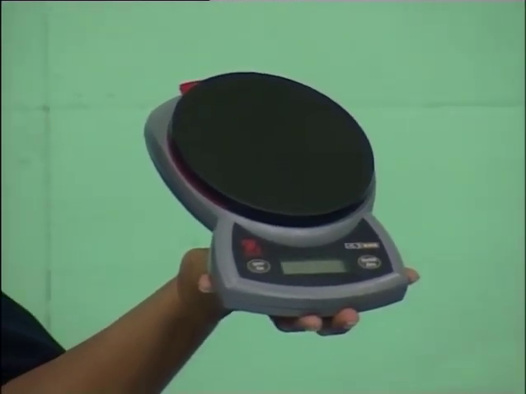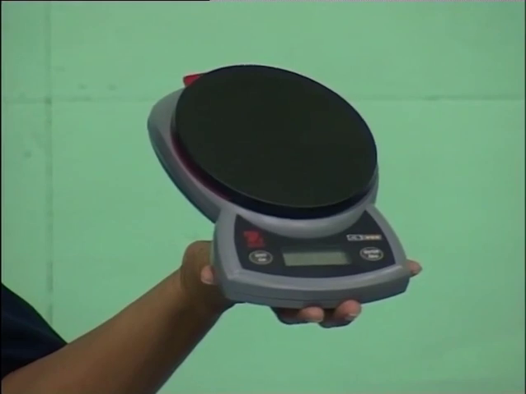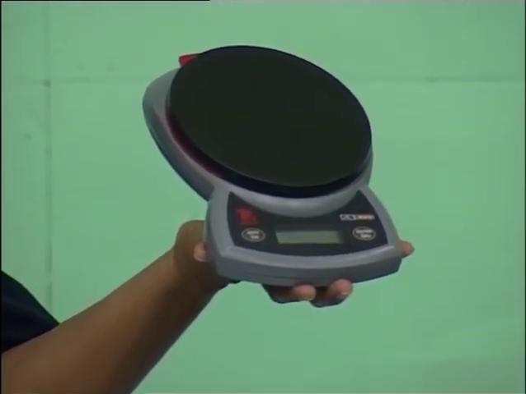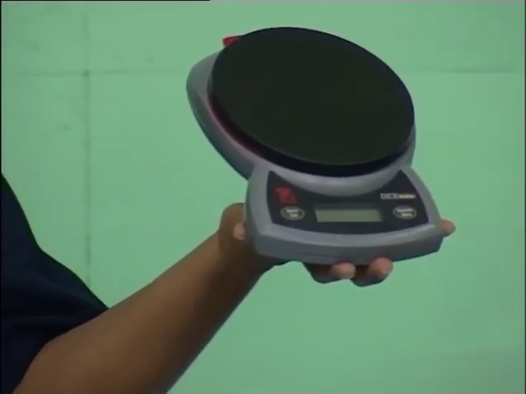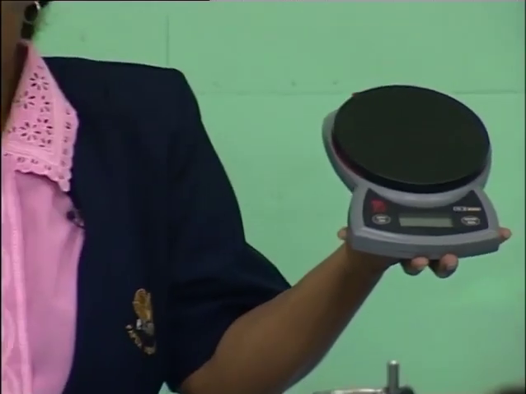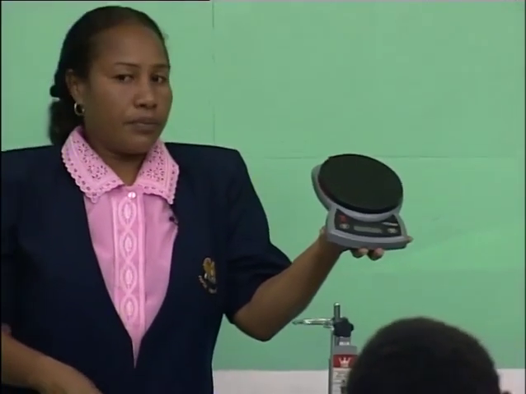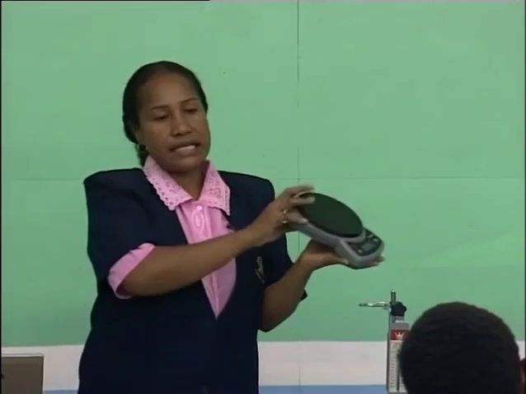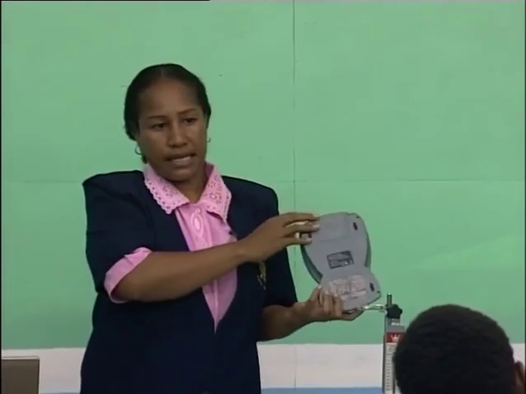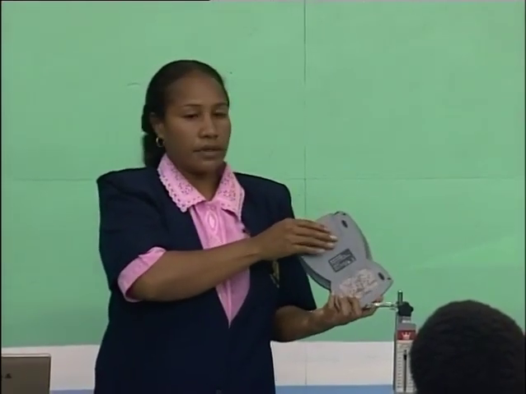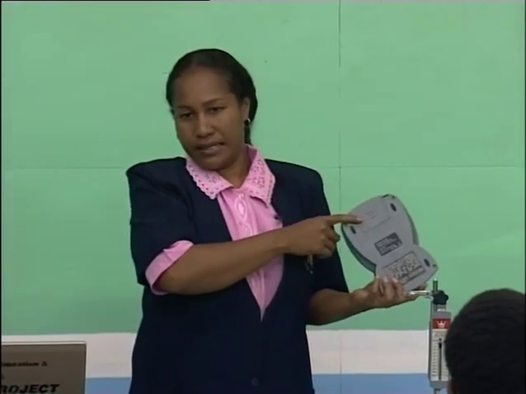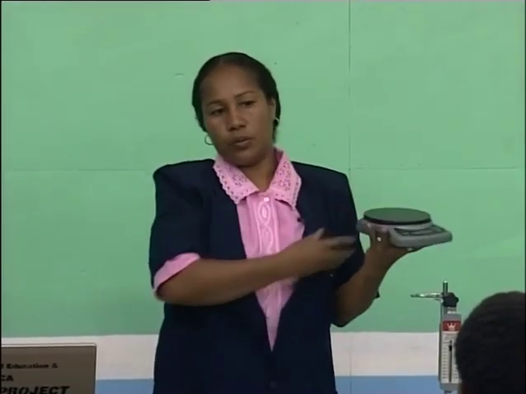You find bigger ones at bigger shops, right? So this is an electronic balance, okay? Why is it called an electronic balance? Because we have dry cells at the back of this weighing scale. There are batteries that make this scale work.